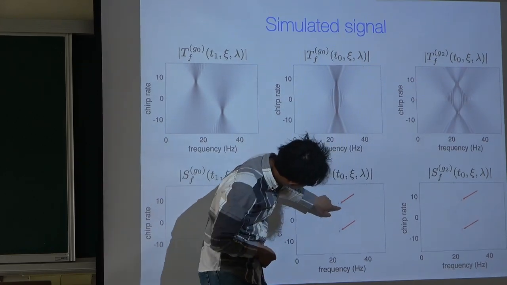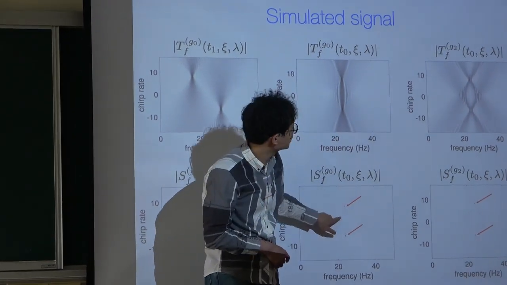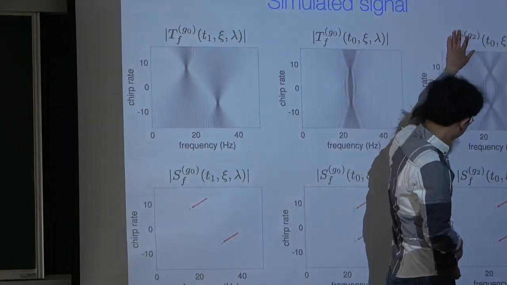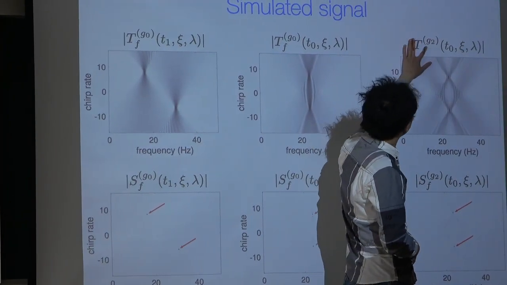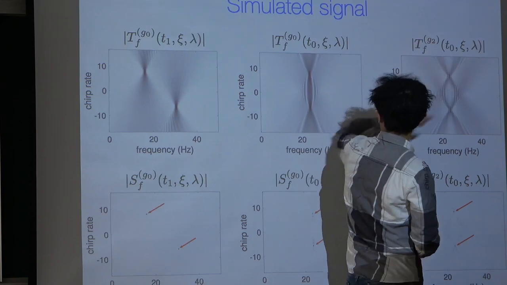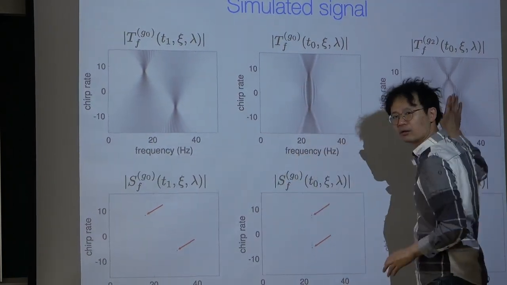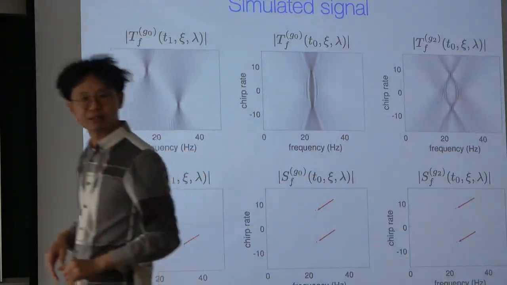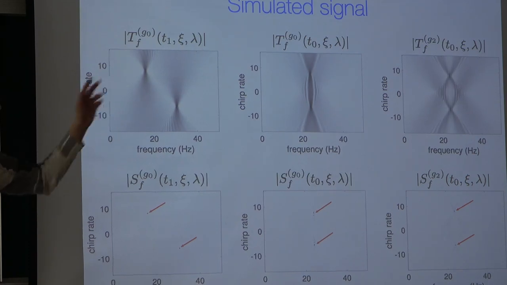But there are some small perturbations which are not very good. But if you use G2, then actually you can see they are much more concentrated. Okay, and even in the original Chirplet transform, this kind of interference is somehow better alleviated in some sense, but still you have a lot of interference in the middle.